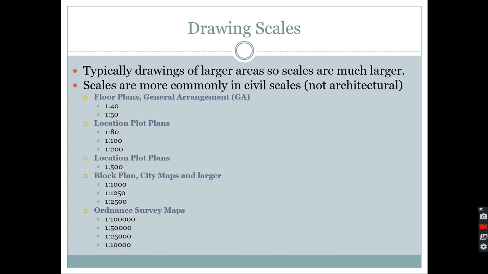So typically they are 1 inch equals 40 to 50 to 80 to 100 to 200 feet, and larger scales up to even larger inch to foot scales. We can see here that floor plans are typically smaller scales, plot plans are a little bit larger, block plans are even larger, and then ordinance, and this is looking at communities and cities, are even larger.